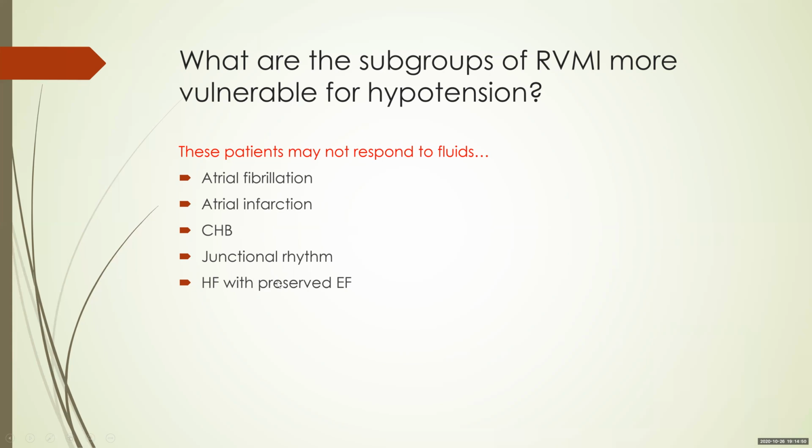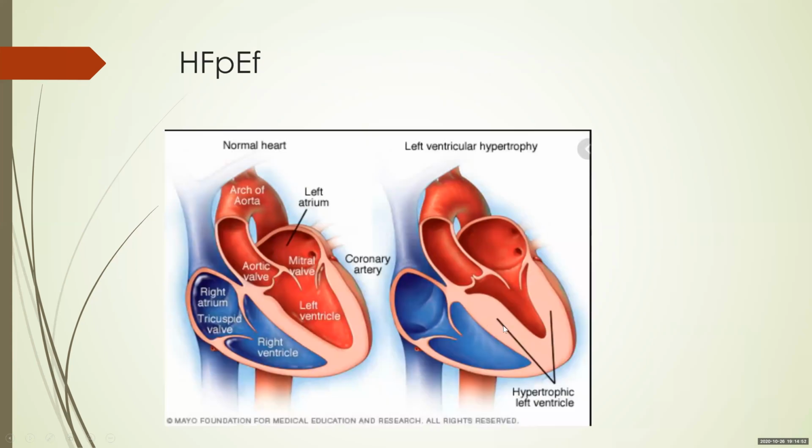When you have a very thick ventricle, as in this case, a very thick left ventricle, maybe due to hypertension or let's say aortic stenosis or hypertrophic cardiomyopathy, the LV cavity size decreases. So a small decrease in blood volume can significantly decrease forward flow, whereas a small increase in blood volume can significantly increase atrial pressures and cause pulmonary edema.